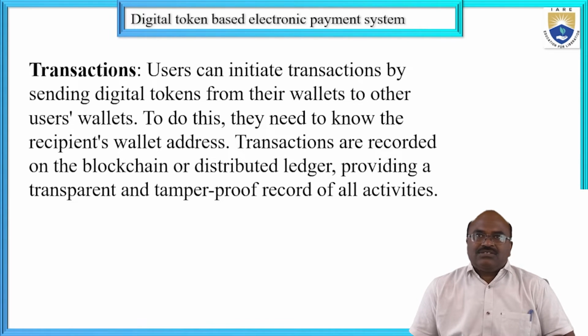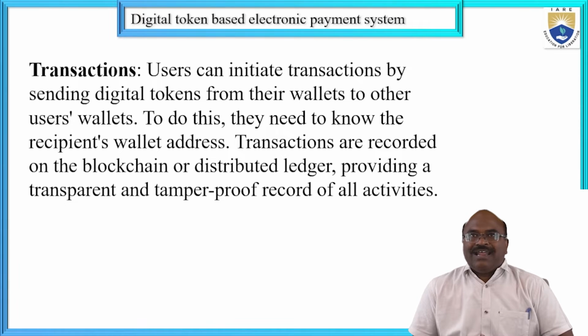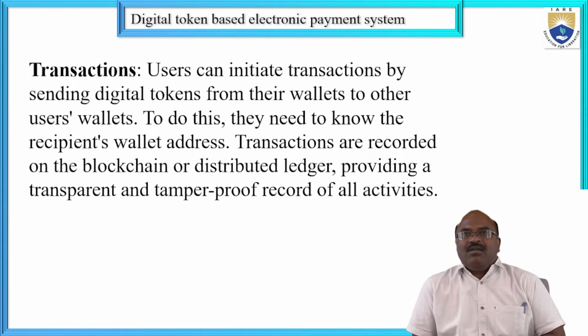So the transaction ID is also one of the important things here. The transactions are recorded on the blockchain or distributed ledger, providing a transparent and tamper-proof record of all activities.